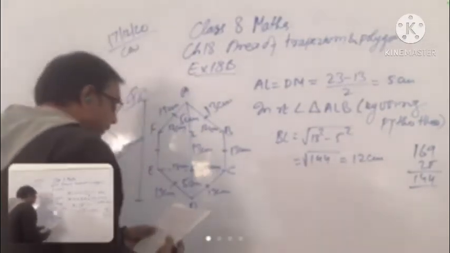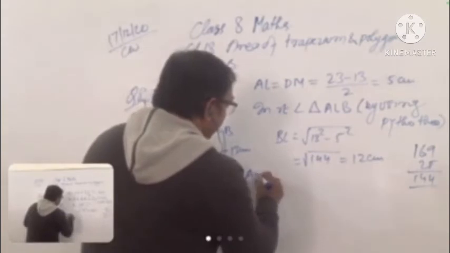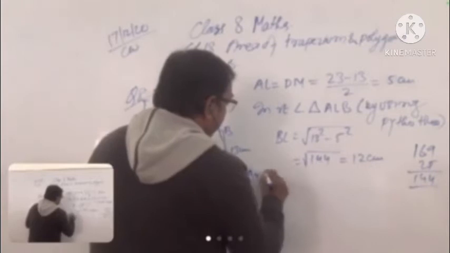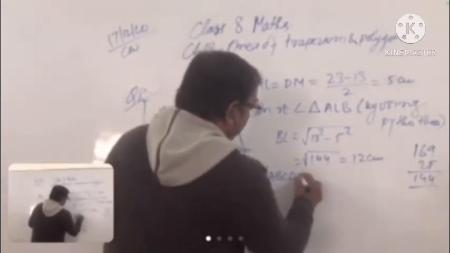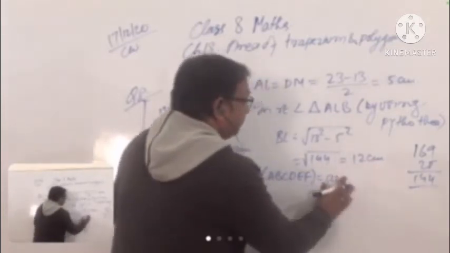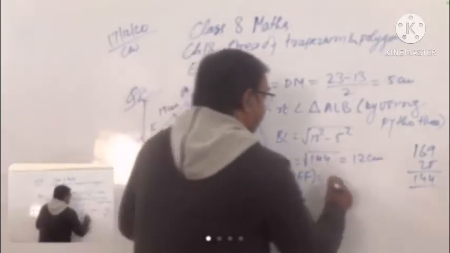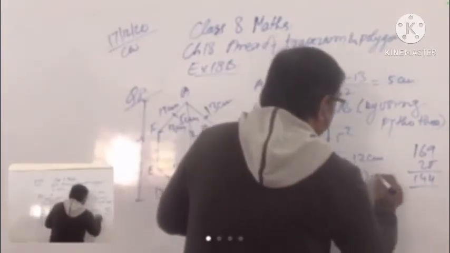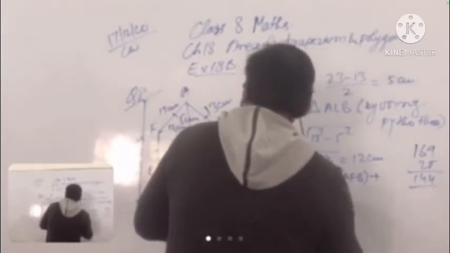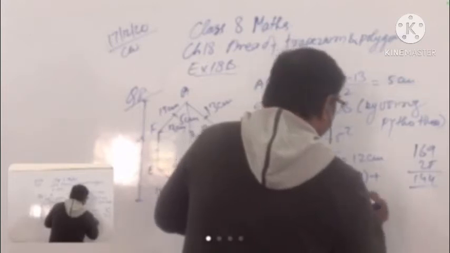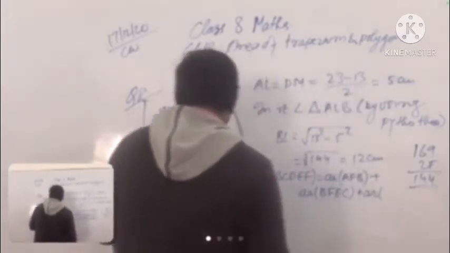What is this? Pentagon, hexagon. Now the area of A, B, C, D, E and F is equal to area of triangle AFB plus area of BFEC plus area of DCE.